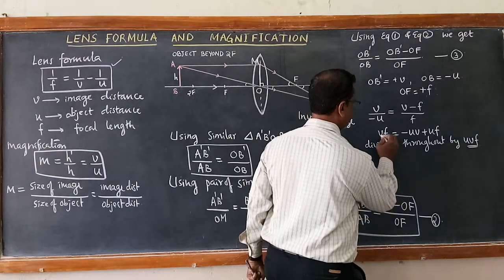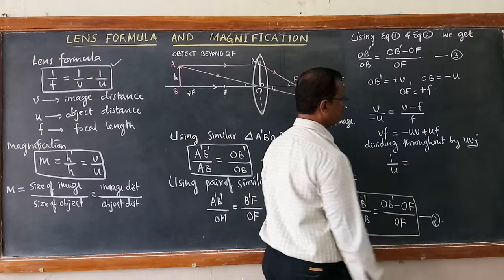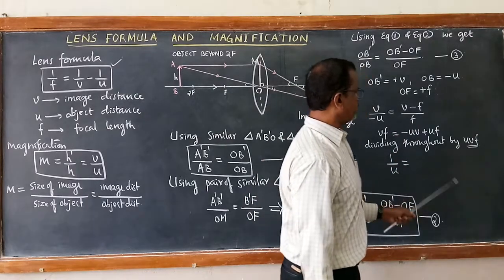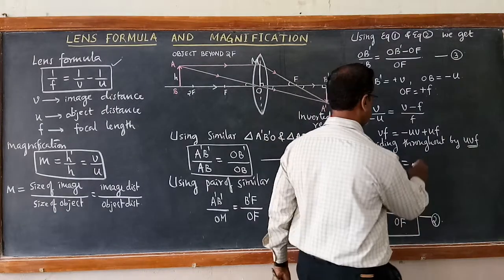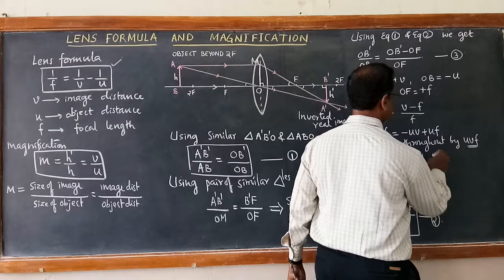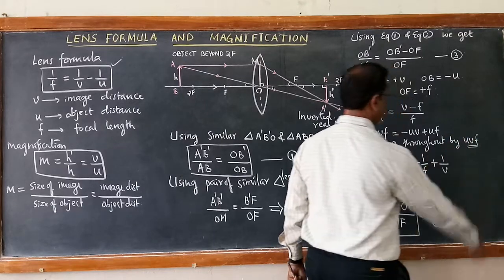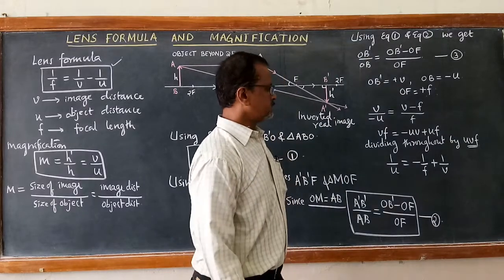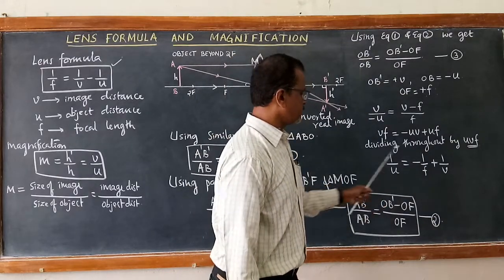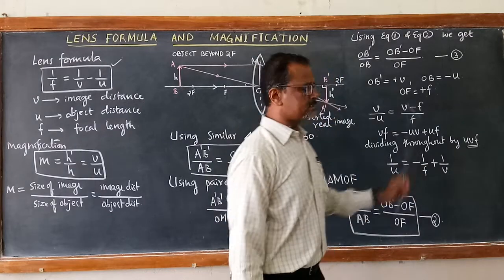Dividing by UVF, on the left hand side VF cancels. You are left with 1 by U equal to. If you divide this by UVF, UV cancels. You are left with minus 1 by F, plus UF cancels, you are left with 1 by V. Therefore, take this minus 1 by F to the left hand side, 1 by U to the right hand side.